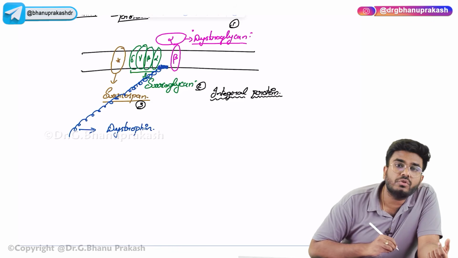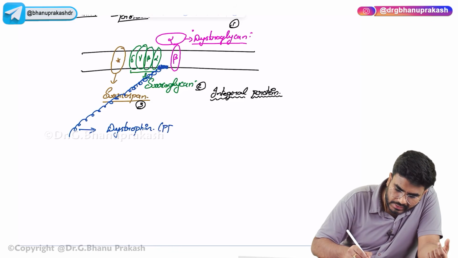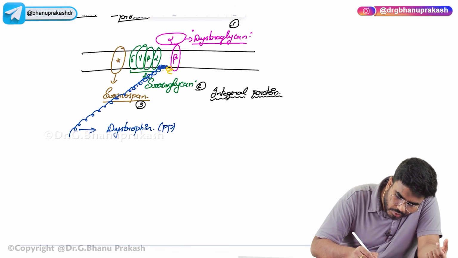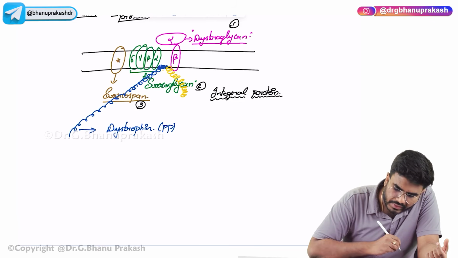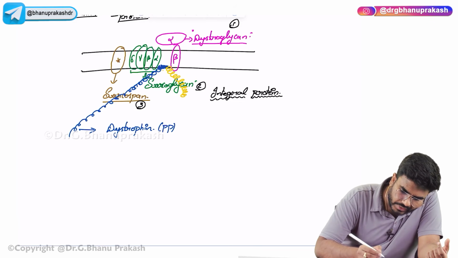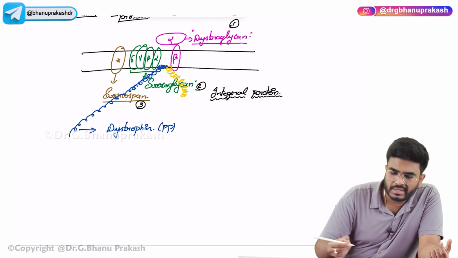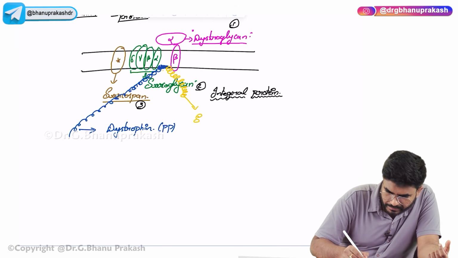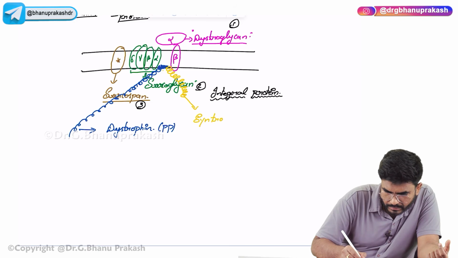Dystrophin is a peripheral protein. And one more peripheral protein I want to show here is called syntrophin. This yellow colored protein looks a little messy, but it is syntrophin, and it is also a peripheral protein.